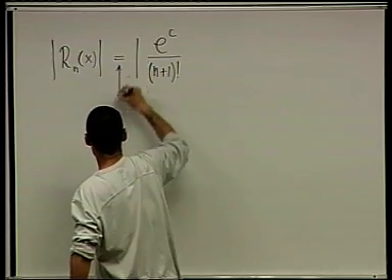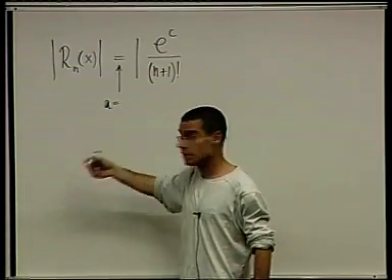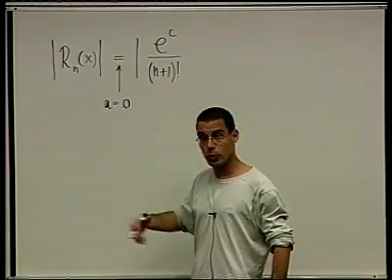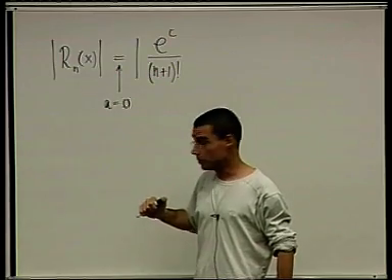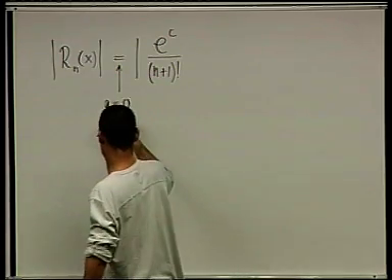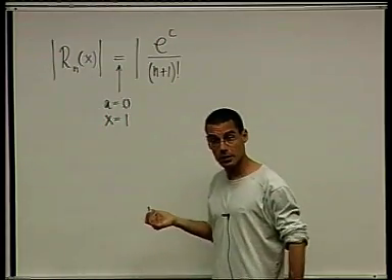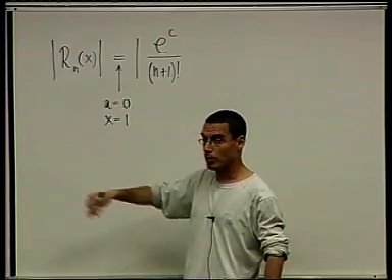What is our a? When we wrote this expansion of e, a was 0, right? That's the point around which we're doing the Taylor polynomial. What is x in this example? x is 1, right? That's the point where we're evaluating it. We're doing e to the power 1.